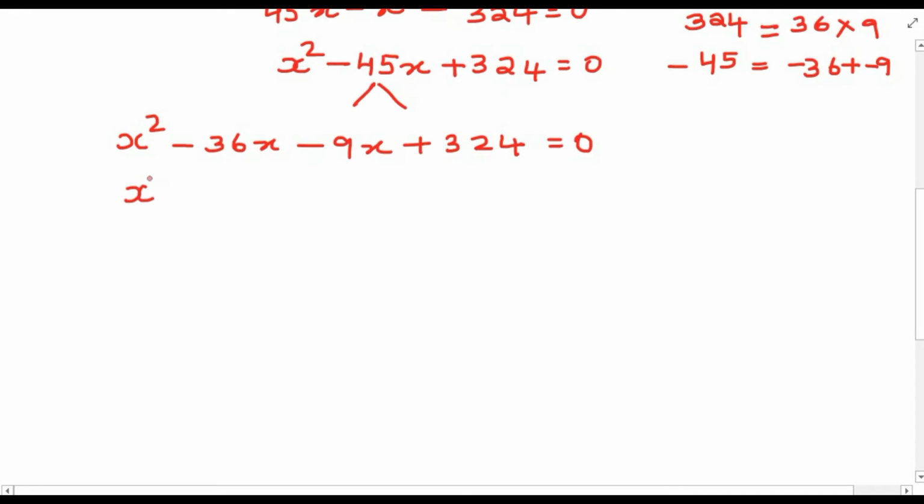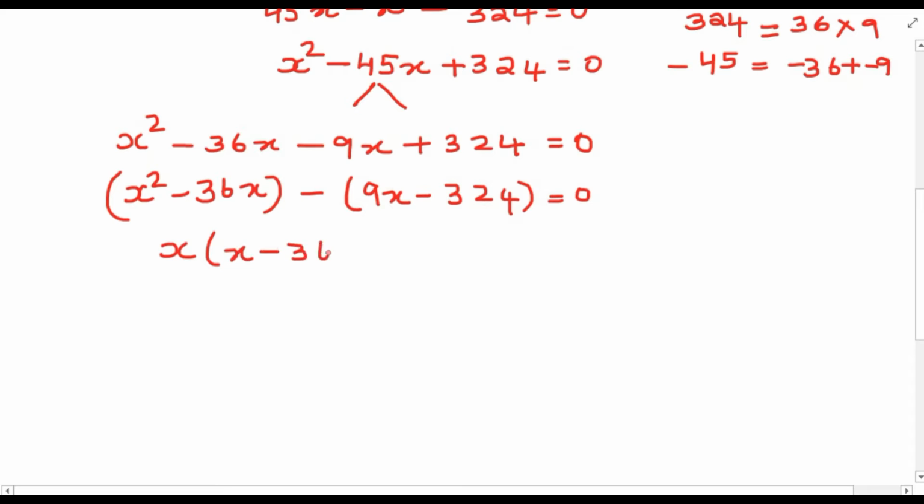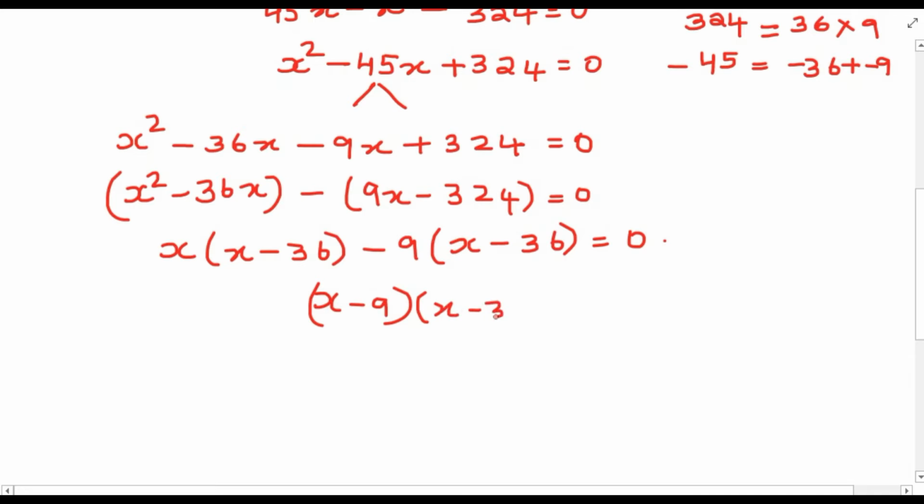When you group this, we have x square minus 36x as one group, minus 9x plus 324 equal to 0. x I will take outside: x into x minus 36, minus 9 into x minus 36, equal to 0. So x minus 9 into x minus 36 is equal to 0.